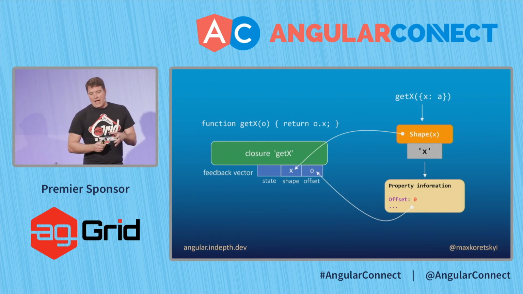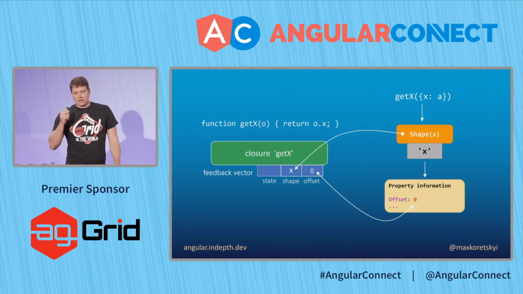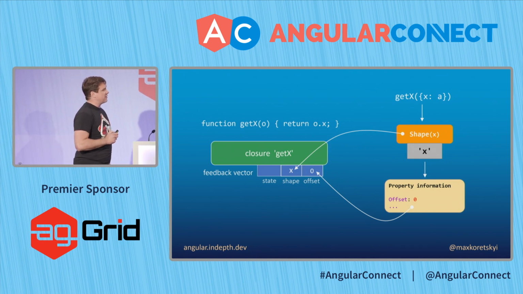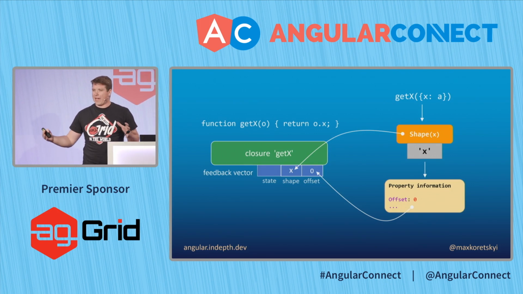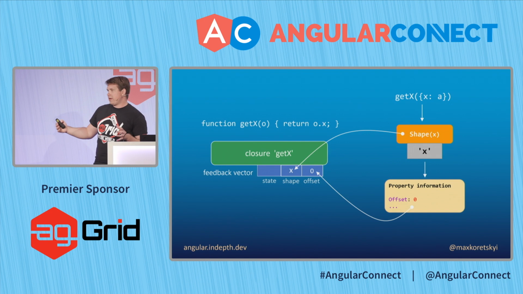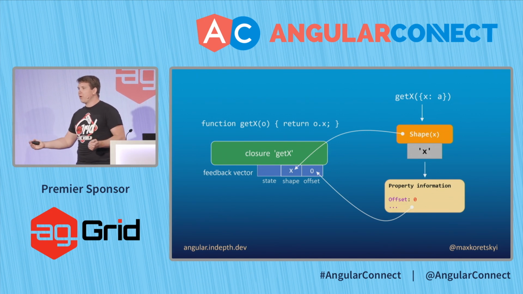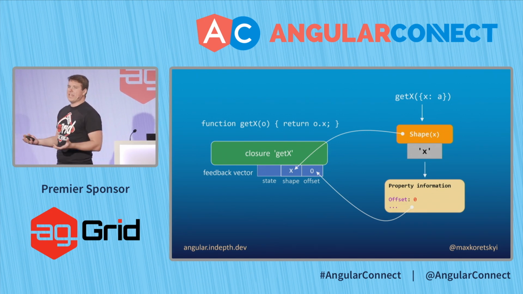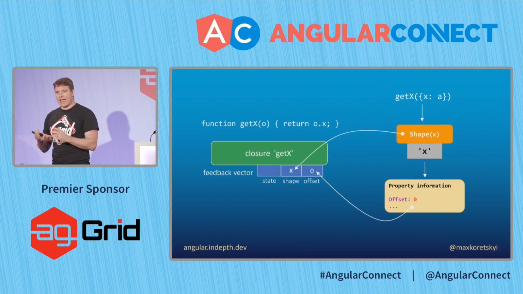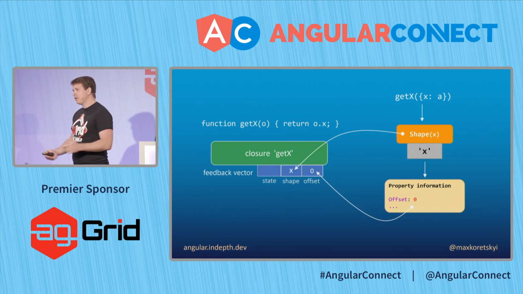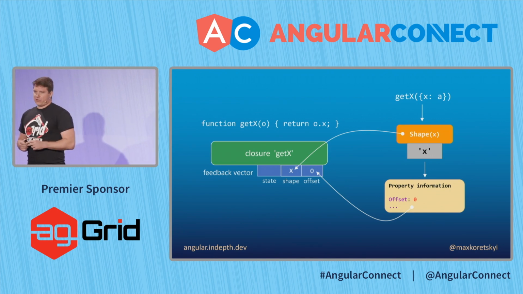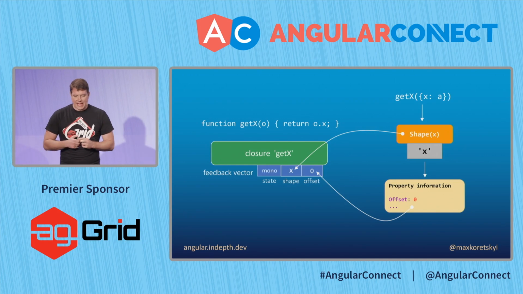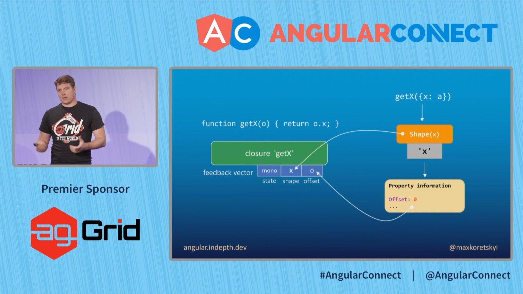We stored that, and there is also an interesting thing called state. So VM determines the state of the cache. An inline cache is first and foremost a cache with its properties. So every cache has entries, length, and capacity. If there is only one entry in the cache, the state is defined as monomorphic.